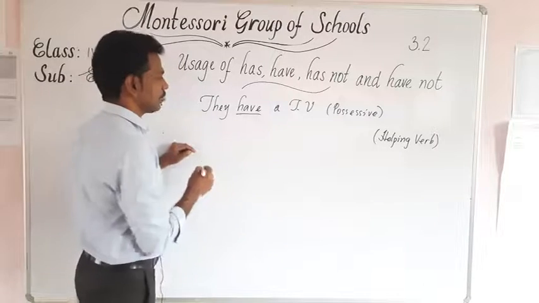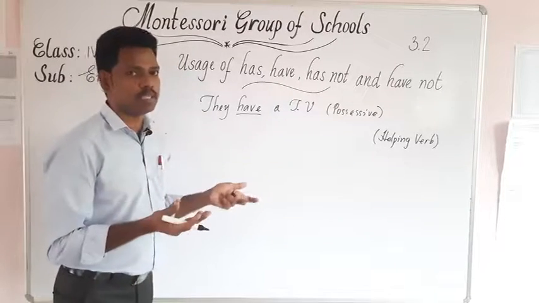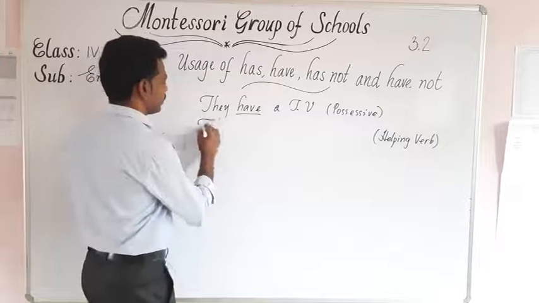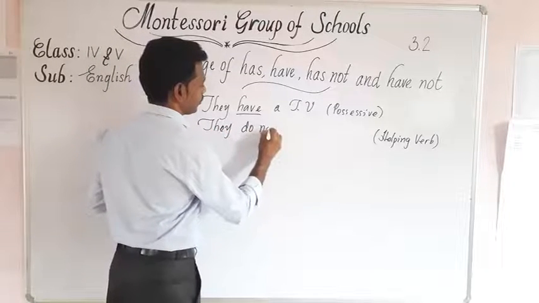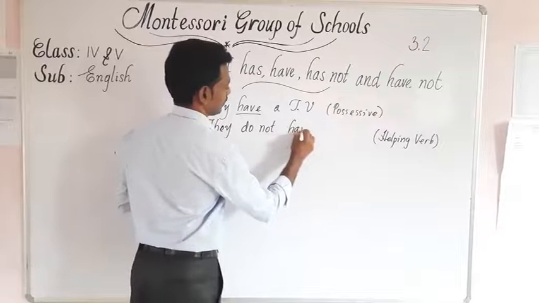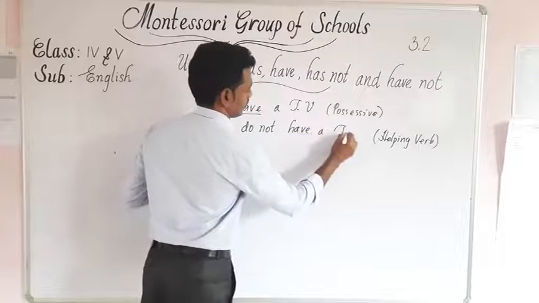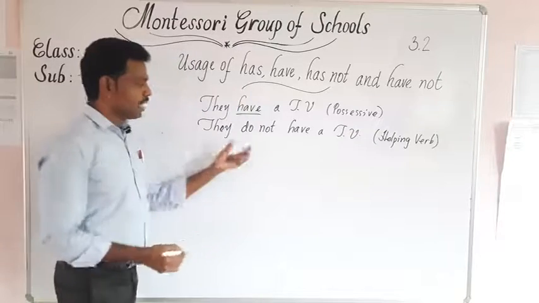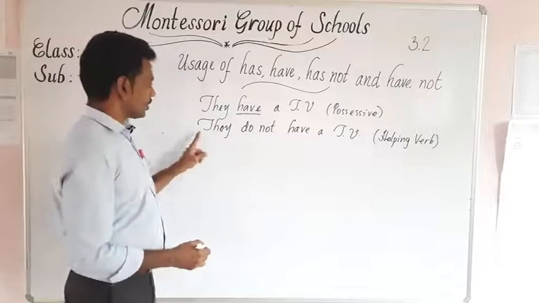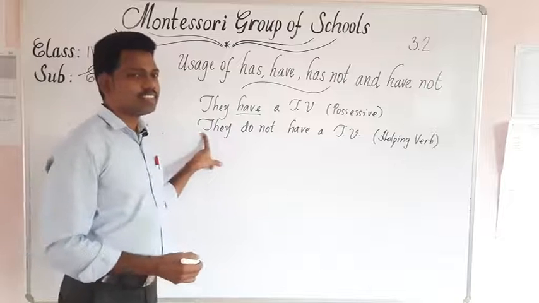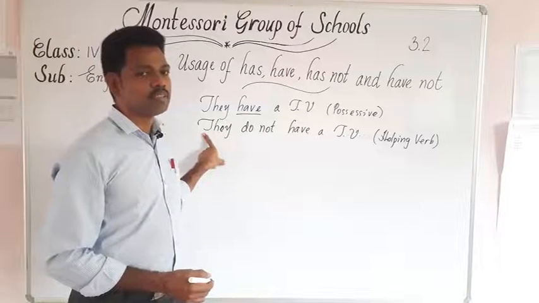When we change it, it is not "They have not a TV." It is "They do not have a TV." Why do not, and not does not? Because the subject here is plural, third person plural.